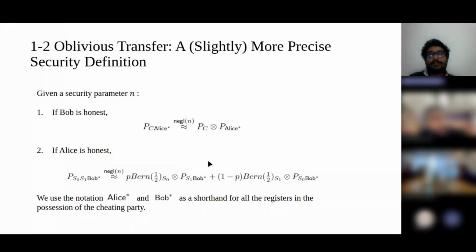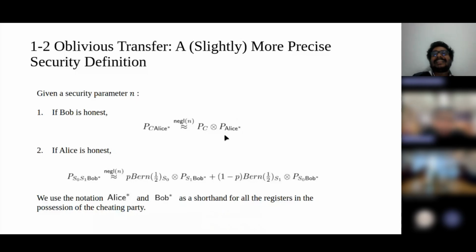Not as much. So one thing that I should state is that this definition that I've written is not super precise. Also, this is not the definition that we use in the paper. In the paper, we have a simulator based definition.